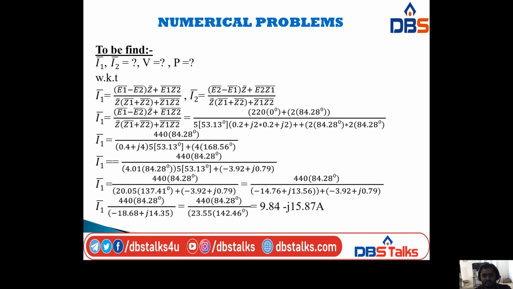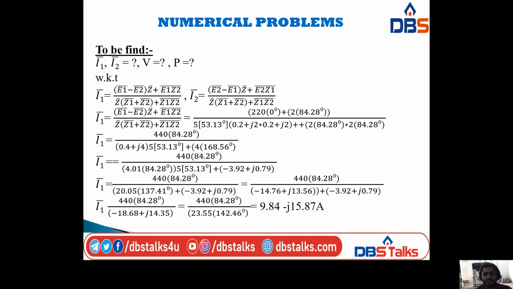Please neglect that one, and we have only E1 Z2 bar. You know already E1 value, that is 220 at an angle of 0, and 2 at an angle of 84.28, that is we have 440, so here it is into, not plus. In the numerator please convert this plus into product, that is multiplication.